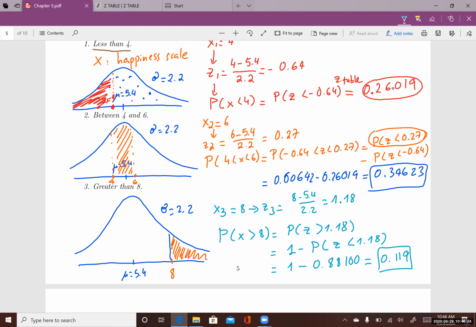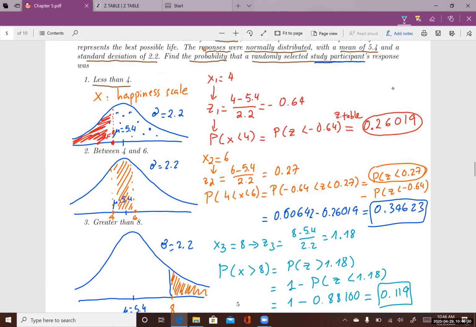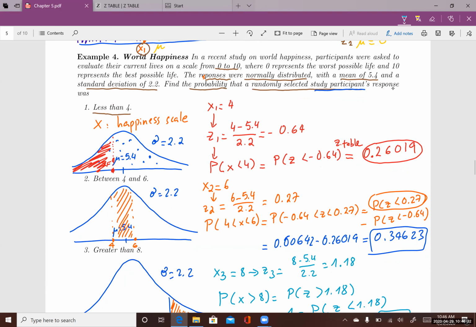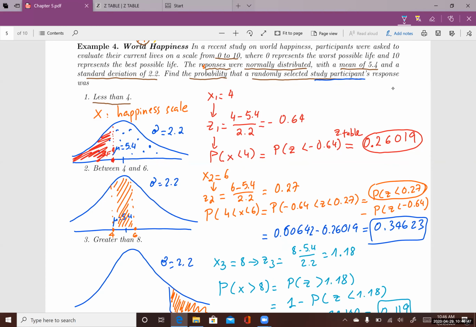All right, so you just found the probability that corresponds to different values in these distributions. And we get the distributions from the responses of other study participants. Once you have other study participants' responses, you can build a distribution, and we know that it's normally distributed.